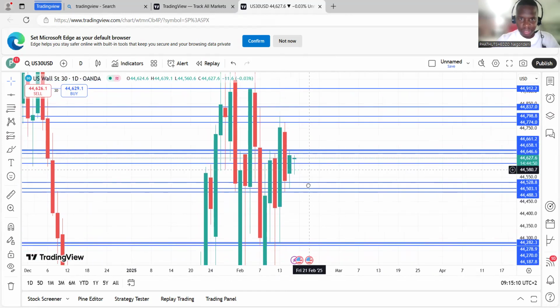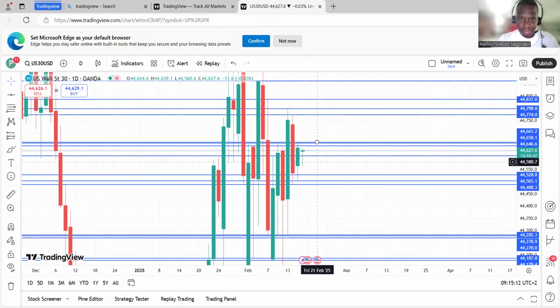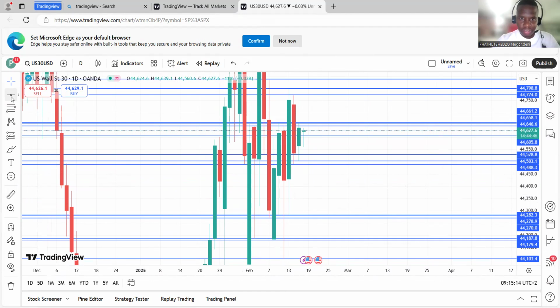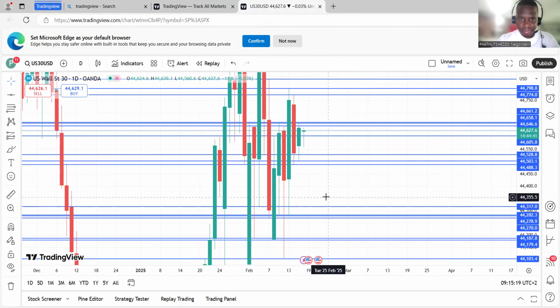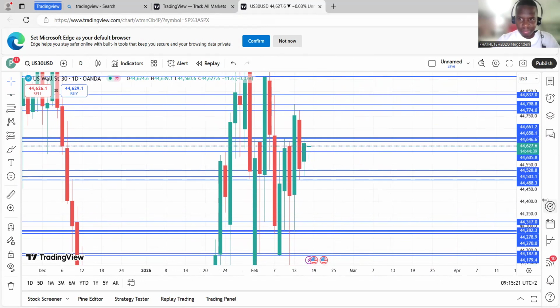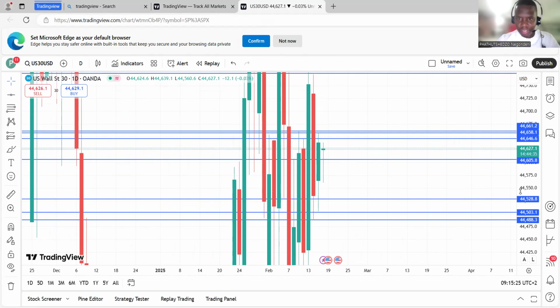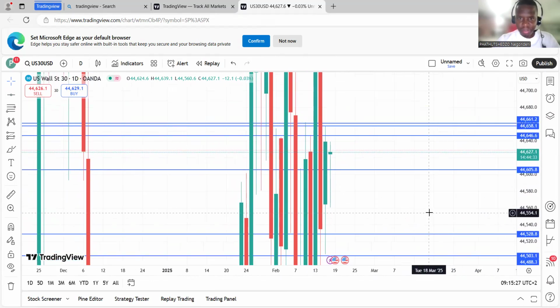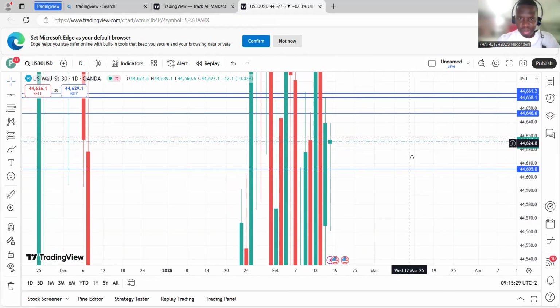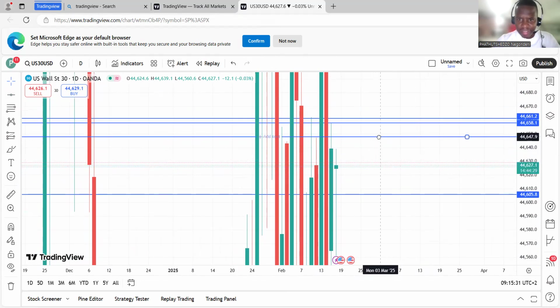Let me see. I've marked. Yeah, guys, I know you might be saying, what the hell is he doing? So many lines, this looks so messy.